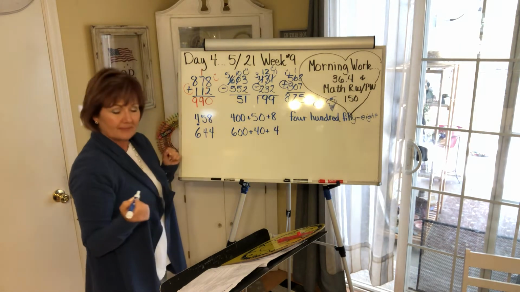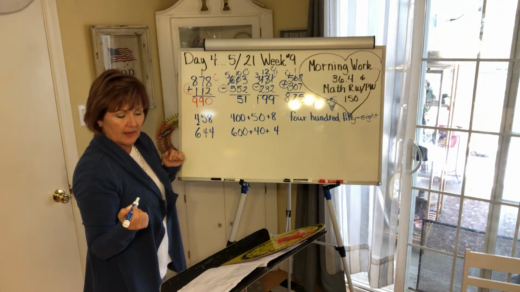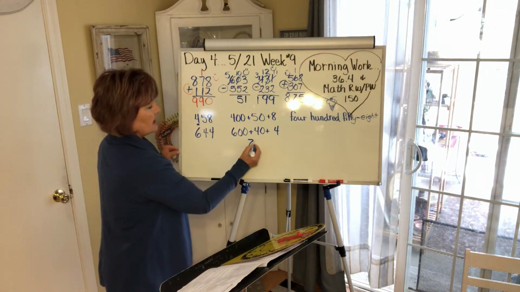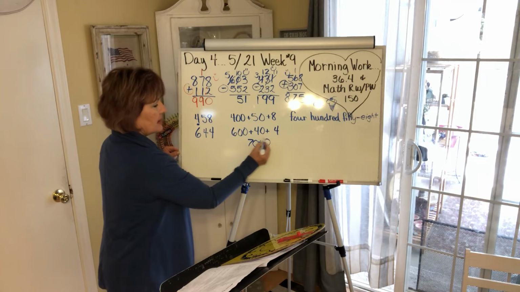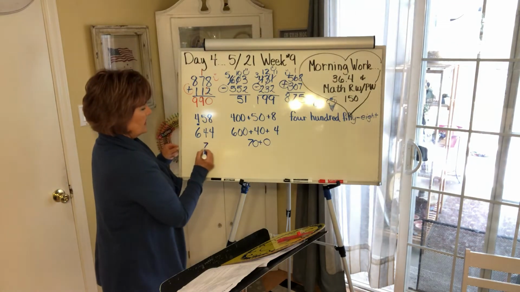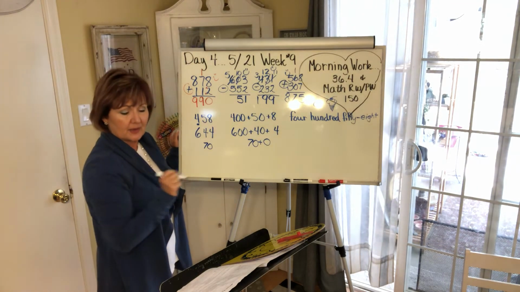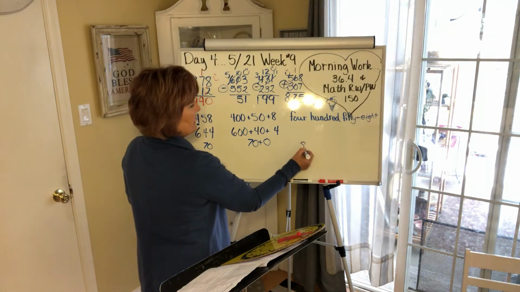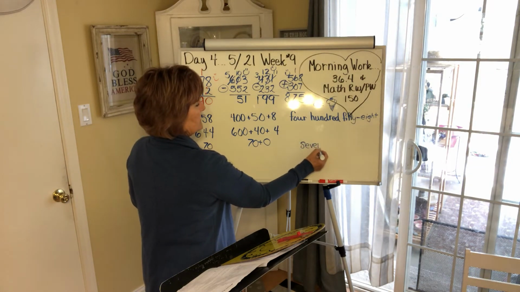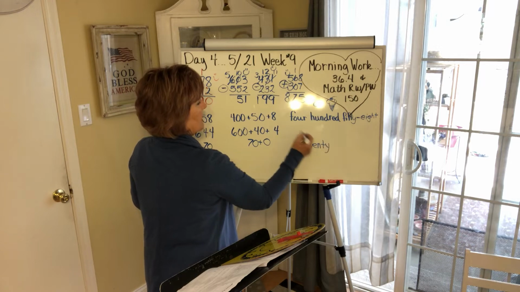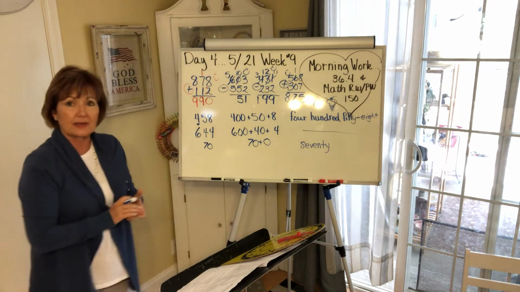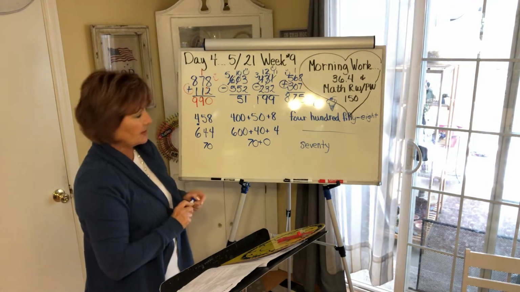Okay? And then you have 70 plus nothing would be what? 70. And how do you write 70? It's a 7, T-Y. And they already gave you that one. That's why I didn't write it. 70. Good.